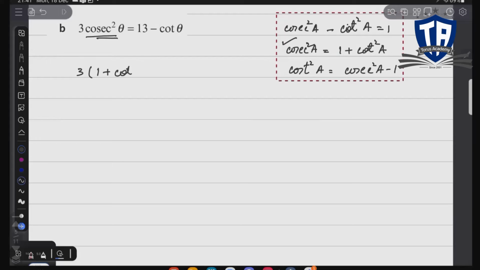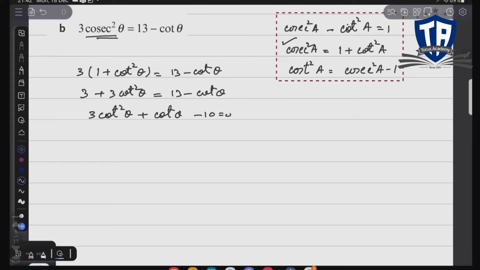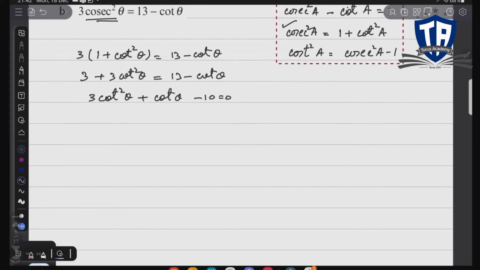It is equal to 1 plus cot square of A, which is equal to 13 minus cot of theta, and 3 plus 3 cot square of theta is equal to 13 minus cot of theta. 3 cot square theta plus cot of theta minus 10. You can use the quadratic formula, or you can break the middle term to write the factors.